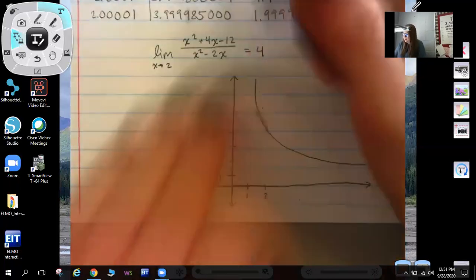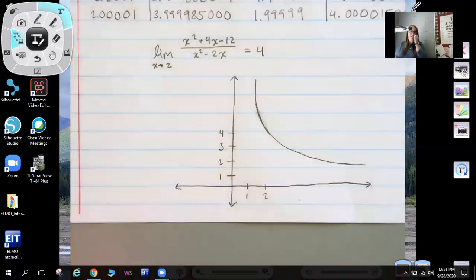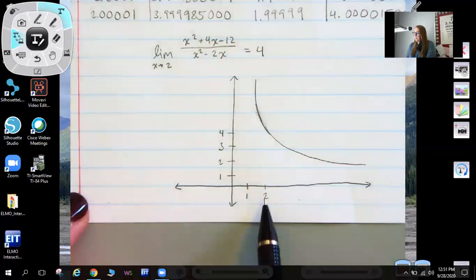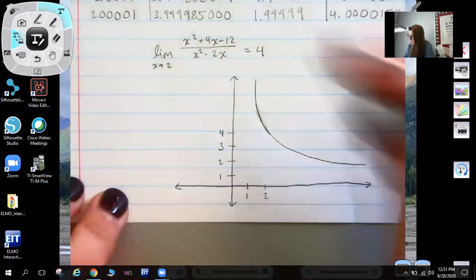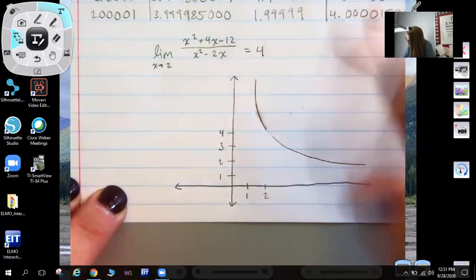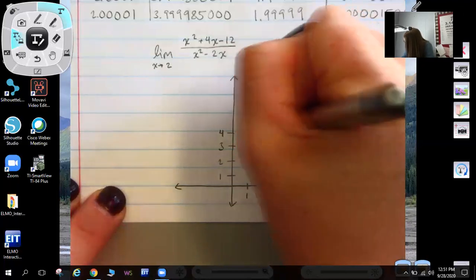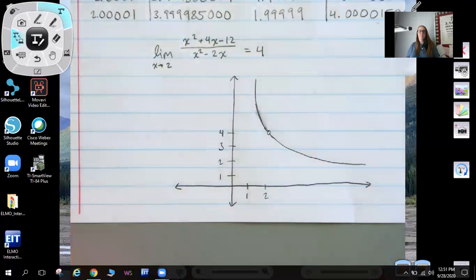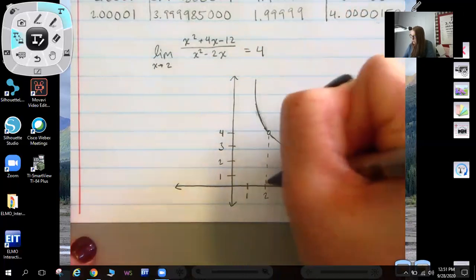Okay, so here's a rough drawing of what our graph looks like. And we said at an x value of 2, we got division by 0, which actually causes a hole in the graph. So I'm going to draw that in. So we have a hole in the graph where x equals 2.